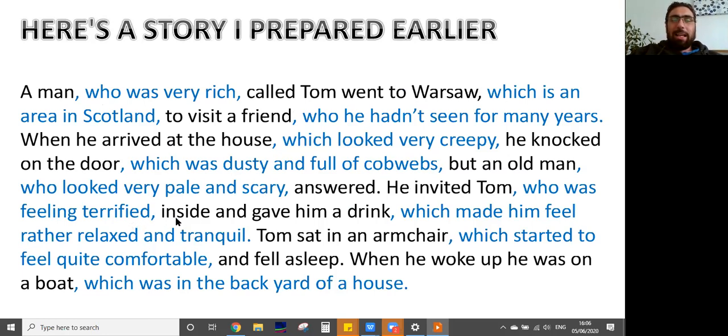Inside, and gave him a drink, comma, which made him feel rather relaxed and tranquil. Tom sat in an armchair, comma, which started to feel quite comfortable, comma, and fell asleep. So could it be something that was in the drink that made him feel tranquil and comfortable, and fall asleep?